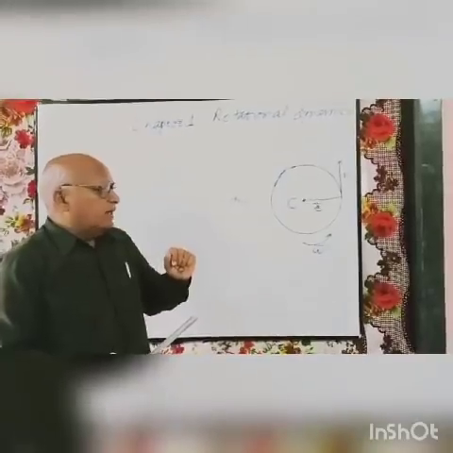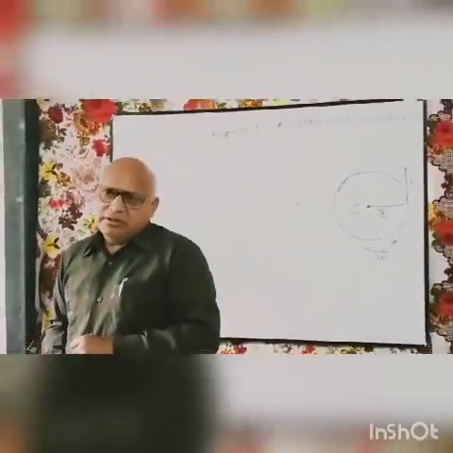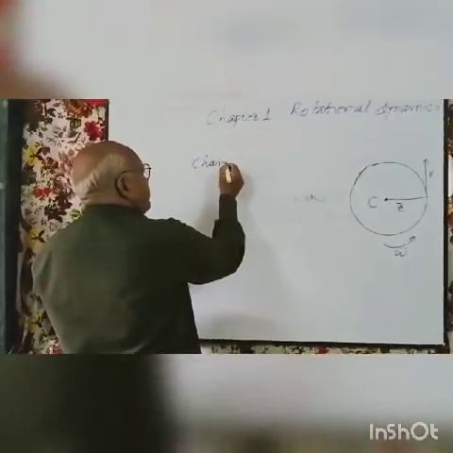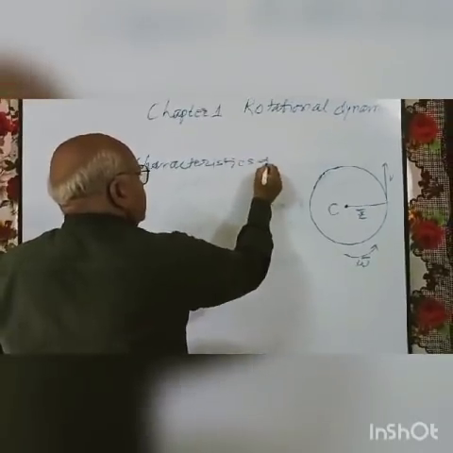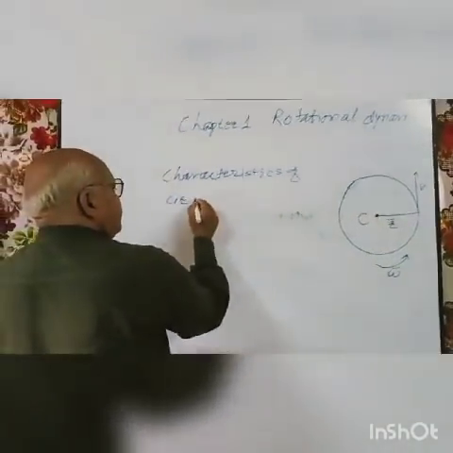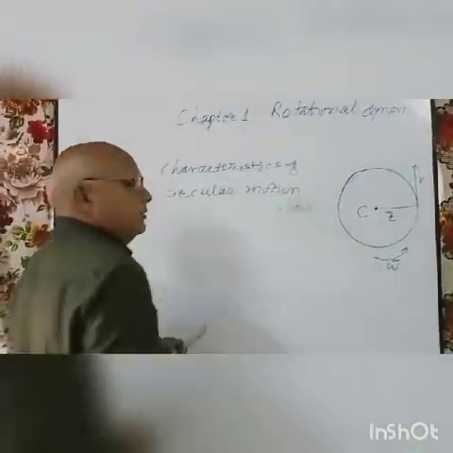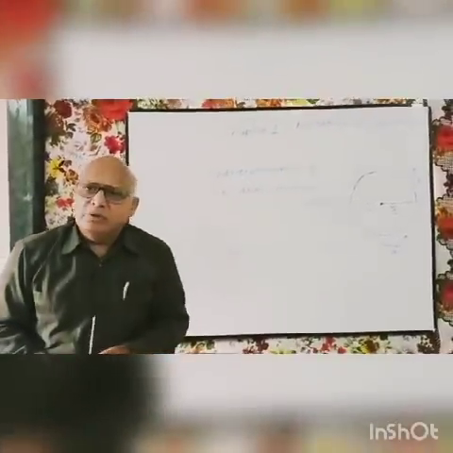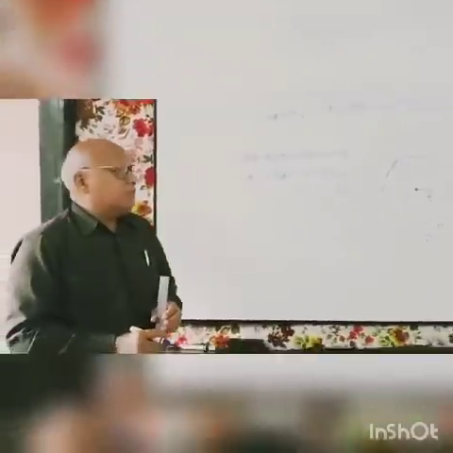See here, when this particle is performing circular motion, there are certain characteristics of circular motion. This circular motion is an accelerated motion, because always the magnitude of velocity changes.